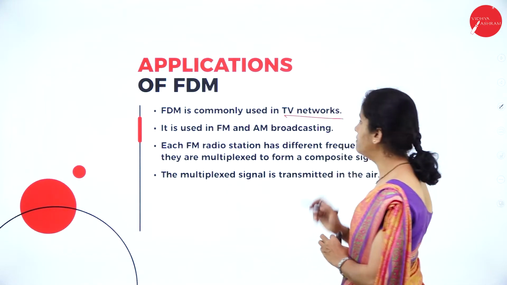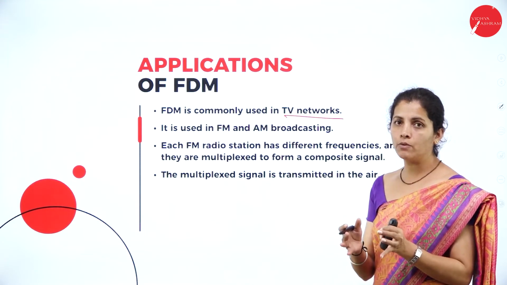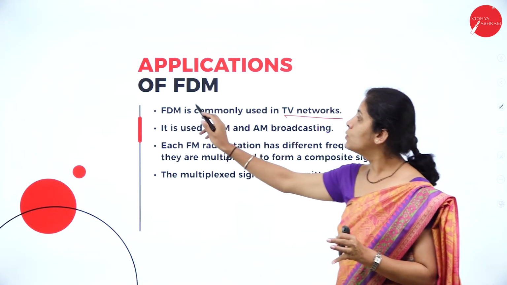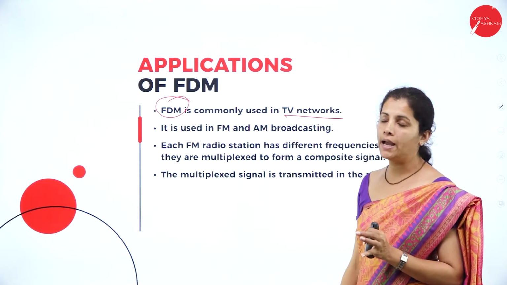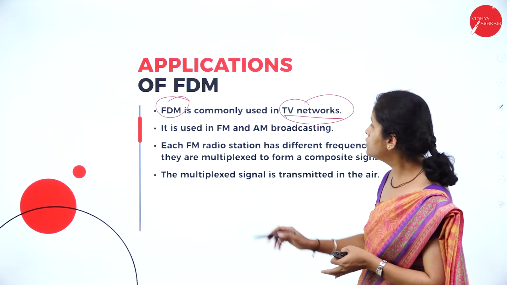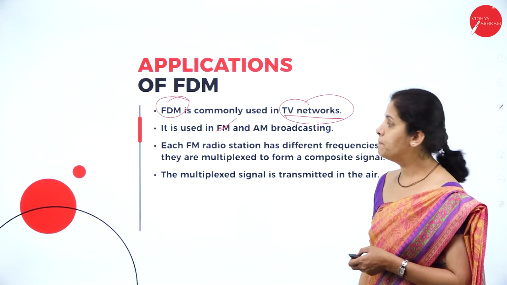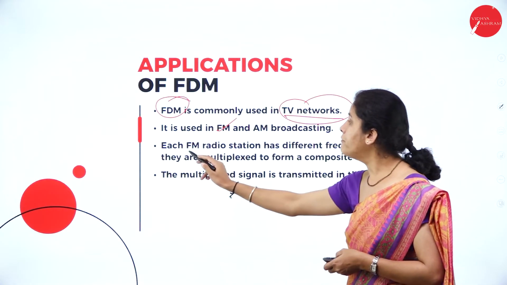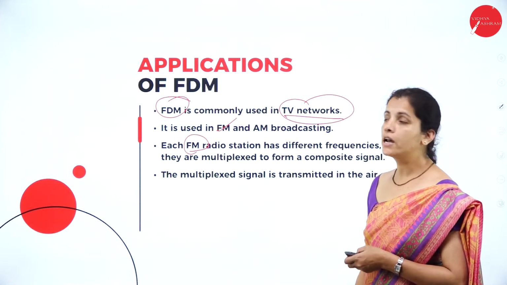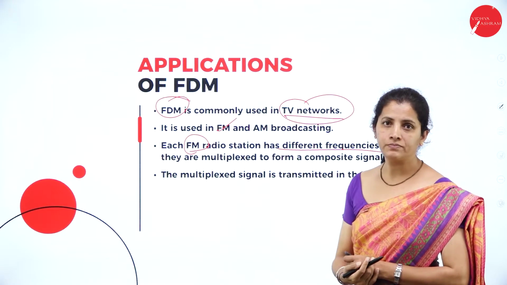In a TV network, whatever the channel or signal we get comes from the FDM. It's also used by the FM and AM broadcast. So FM, that is radio stations, have different frequencies.